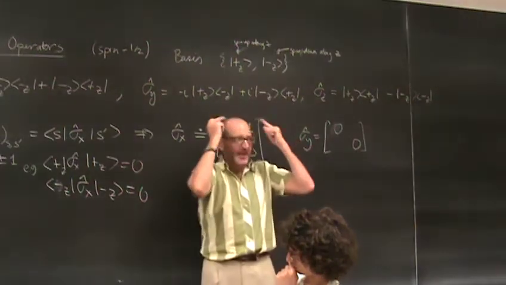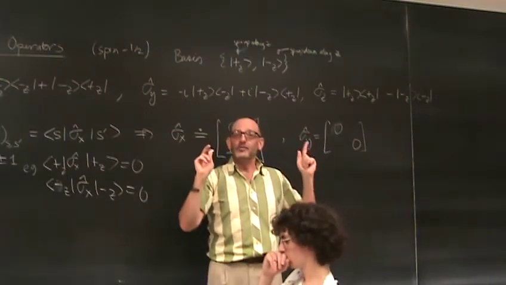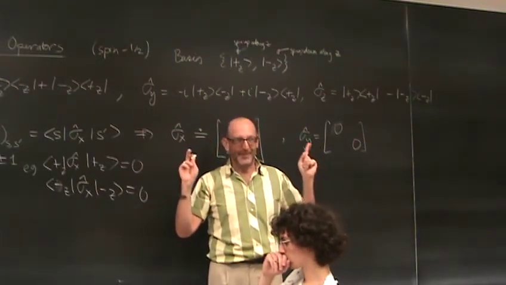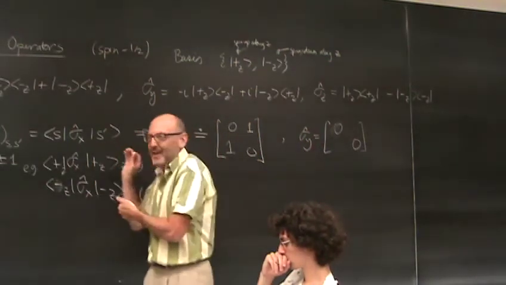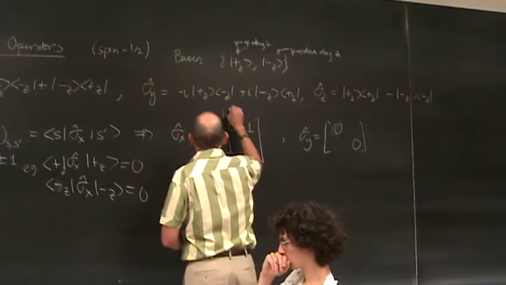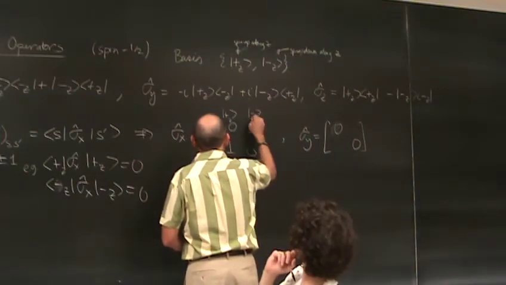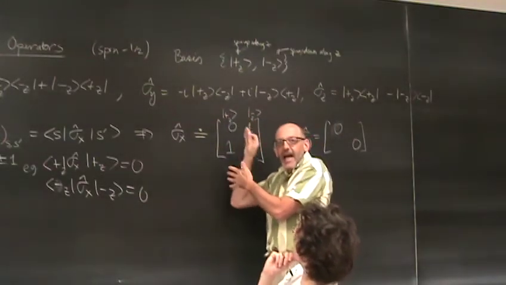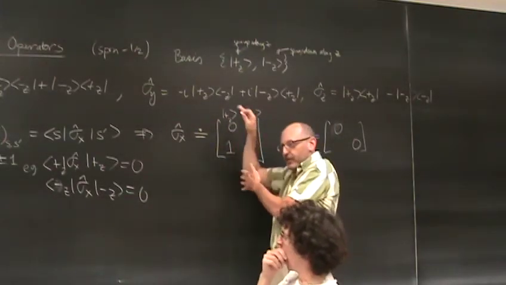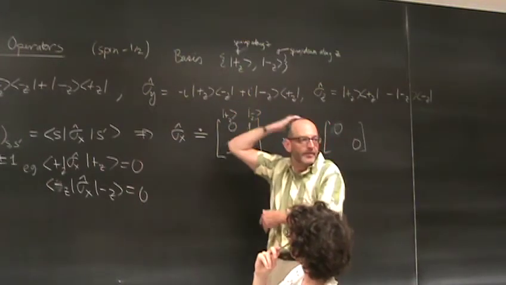That's important. When you write down a matrix, it's always with respect to a particular order of the bases. You have to know what order I'm talking about. I didn't actually tell you. I'm writing this in the order plus minus. I didn't have to. We could write it any way we like, but when you write a matrix, you're always specifying the order of the elements of the basis.